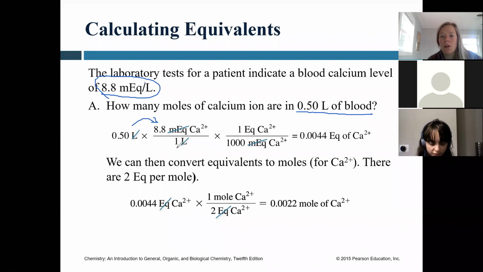But I don't want to know milliequivalents, because at the end, what do I want to find? I want to find the number of moles of calcium. Well, moles are related to equivalents, right? I don't want milliequivalents, so let's get out of milliequivalents, which is the next step. For every 1,000 milliequivalents, I get 1 equivalent.